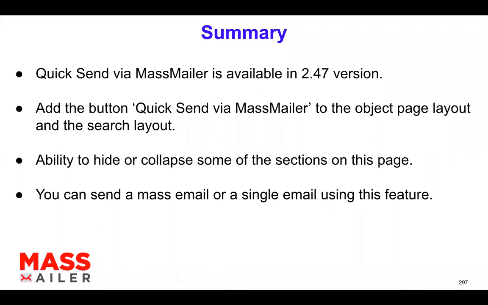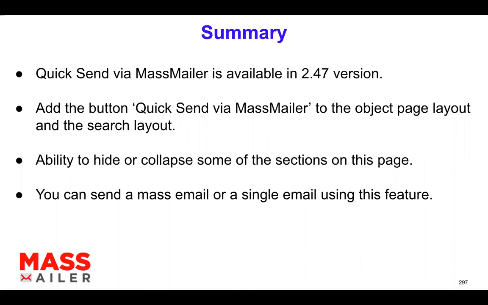So when you click on that button, you would be shown a single page, but again, it has a lot of sections because the overall feature set that we have is still pretty much similar to what you have in the regular mass email feature. So you would find a lot of sections that are displayed. You can actually hide or collapse some of the sections on this page.